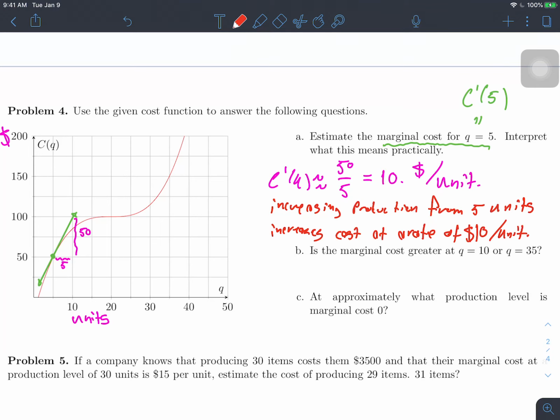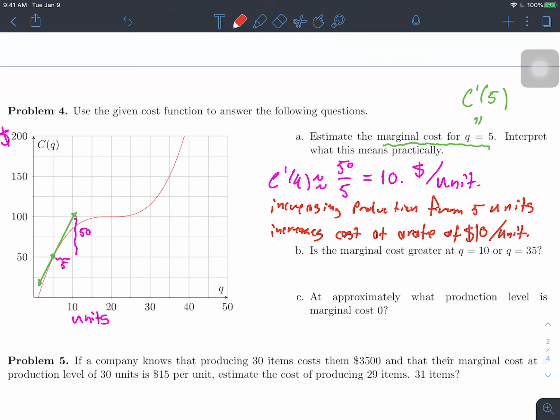So remember, when we're talking about marginal cost now, we have to be specific about where we're talking about marginal cost. Previously, we had questions that would ask, what is the marginal cost? With no specification of where. That's because for a linear function, the rate of change is constant everywhere. However, now that we have these curvy functions, we now need to specify where we are checking the marginal cost, right?